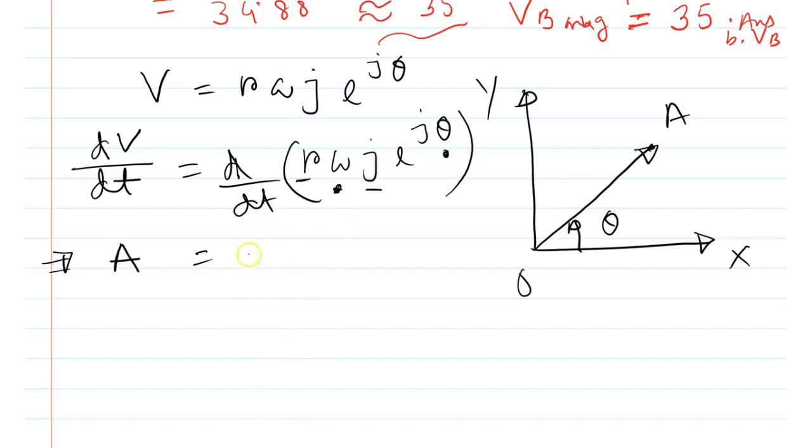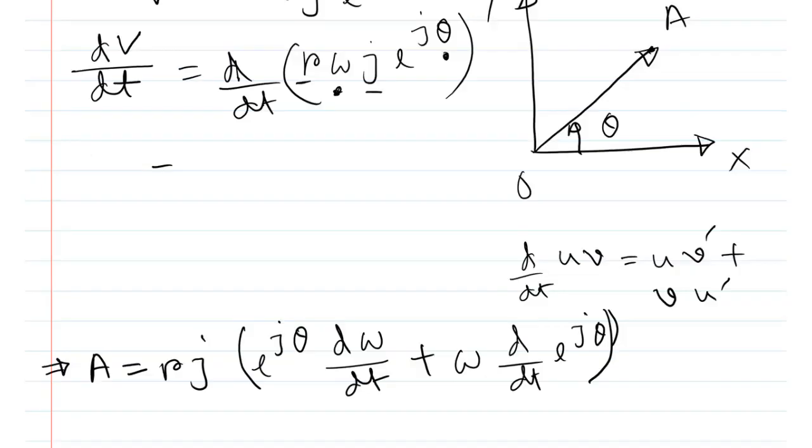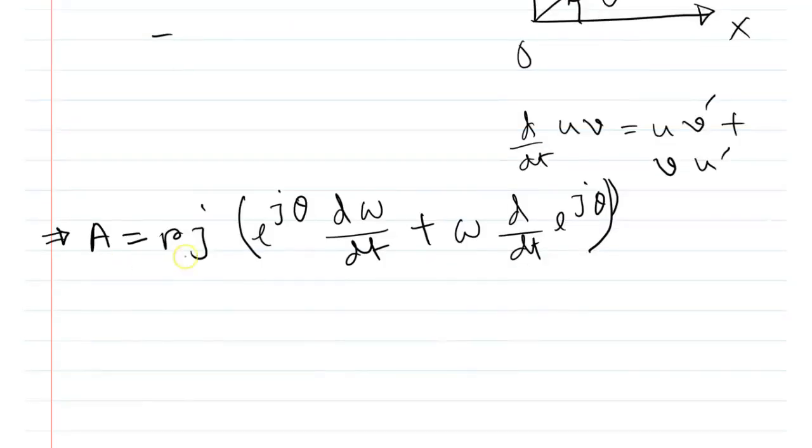So we need to differentiate using the uv rule, where we take u and differentiate v, and then sum it with the second term, where we keep v as it is and differentiate u. In this way we can write rj in parentheses e^(j theta).